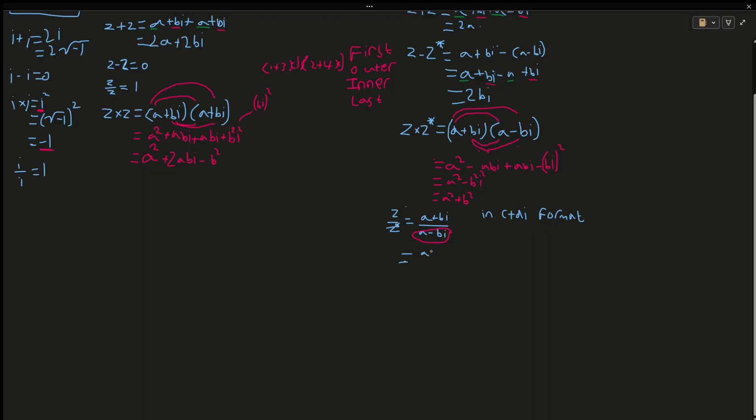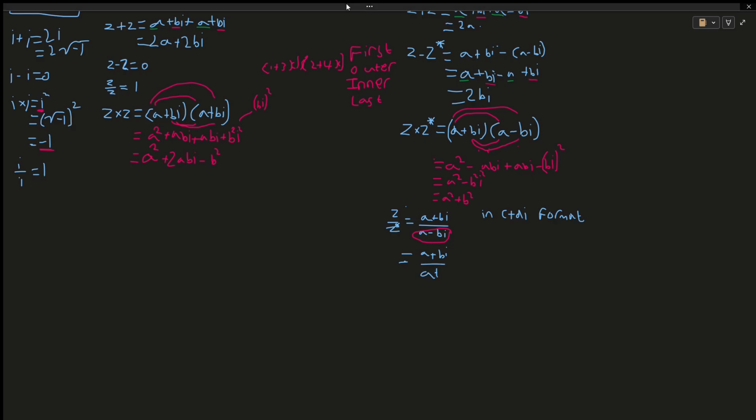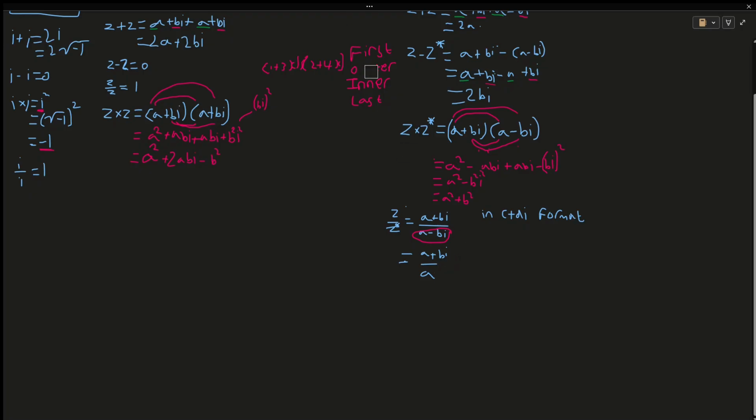The conjugate of the denominator, which is the original one. So we have a plus bi over a minus bi, times a plus bi over a plus bi.